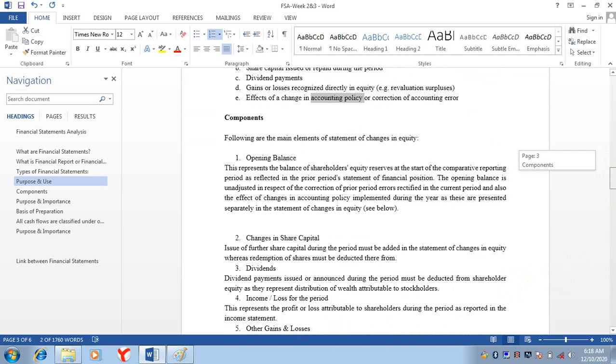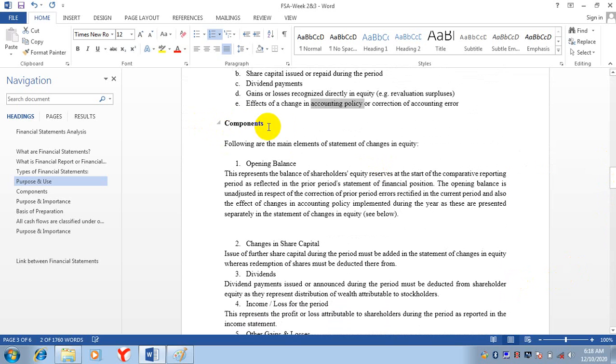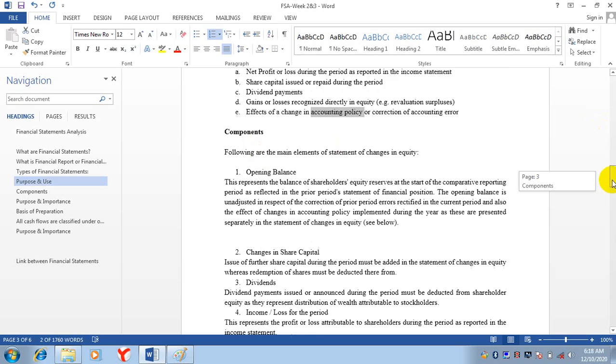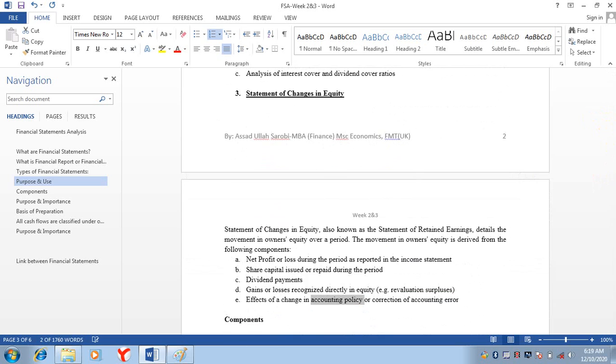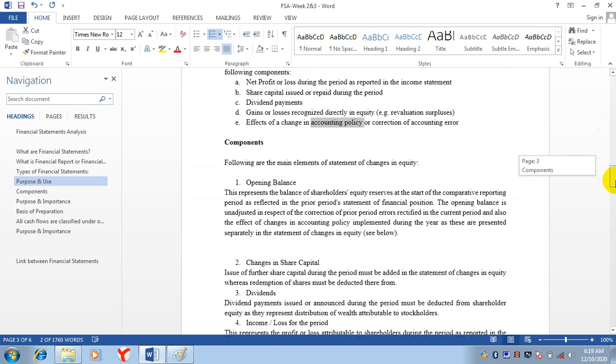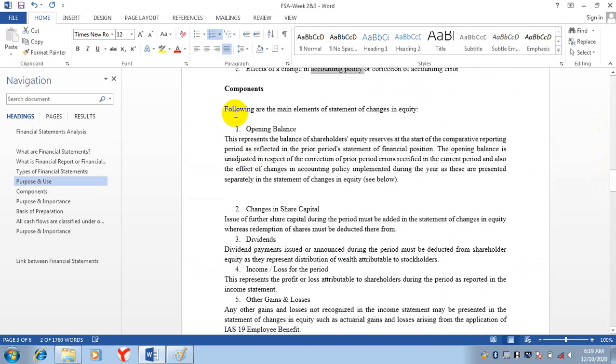Now here is the explanation of the components of the shareholders' equity statement, or statement of changes in equity. Following are the main elements of the statement of changes in equity.